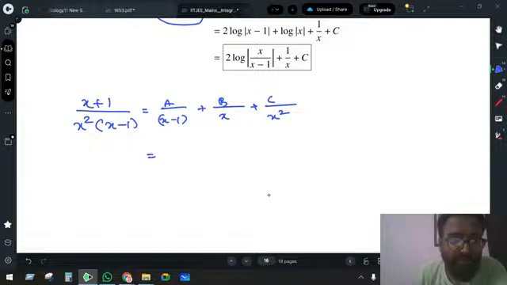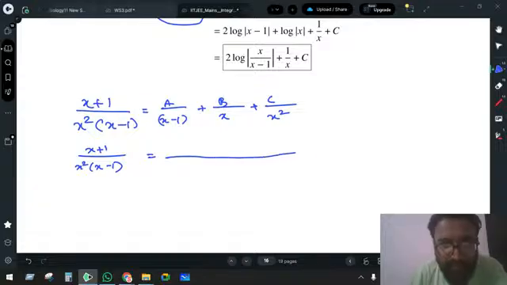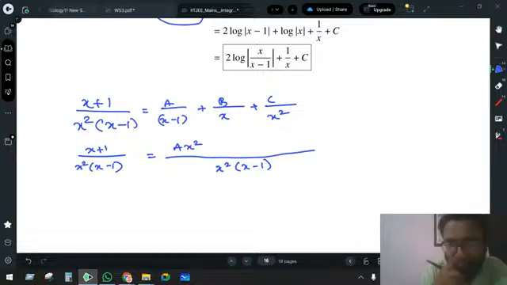We have to write it as x plus 1 by x square into x minus 1. That is as usual, and here we have to take the triple LCM. What is the LCM of these three? The LCM of these three is x square into x minus 1. And here A into x square, not x cube, remember.